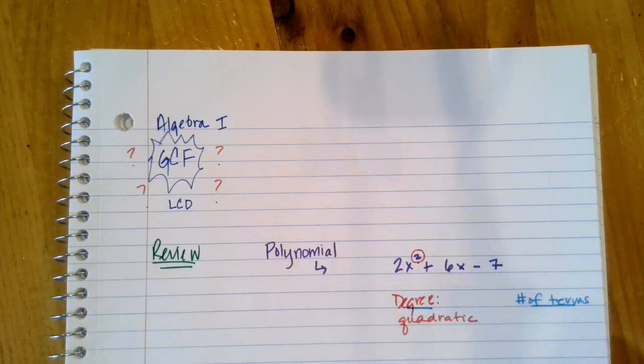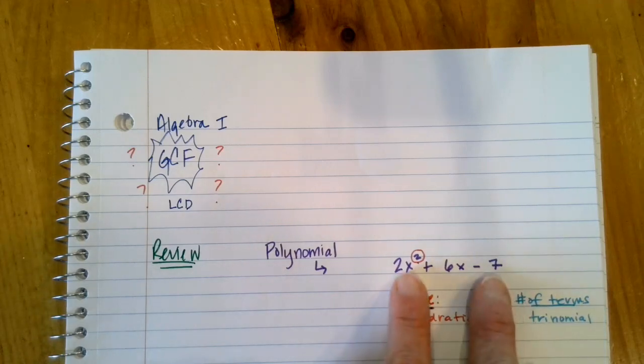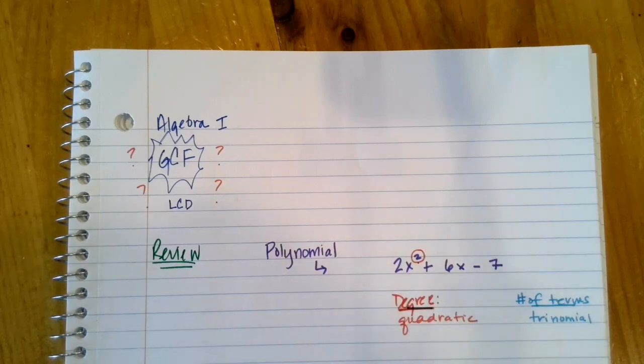If I have one term, it's called a monomial. 2 terms is going to be a binomial, and 3 terms is going to be a trinomial. If I have more than 3 terms, that's when we go back to it being a polynomial. So we take a look at these, and then we want to practice doing operations.